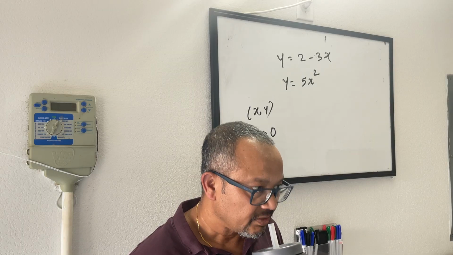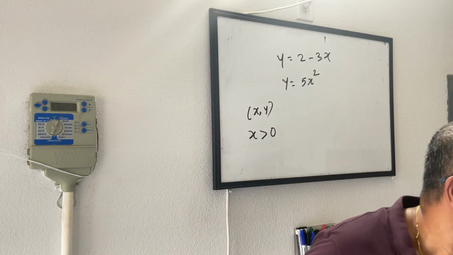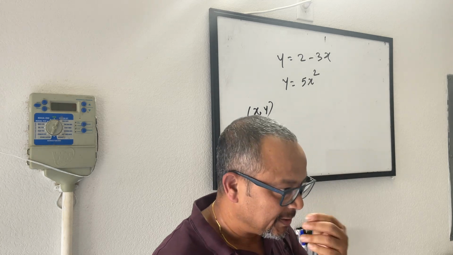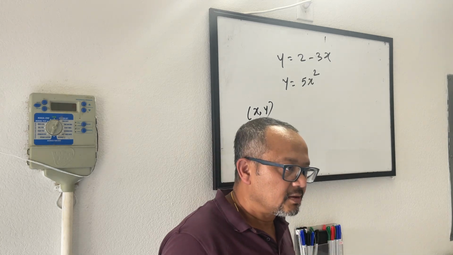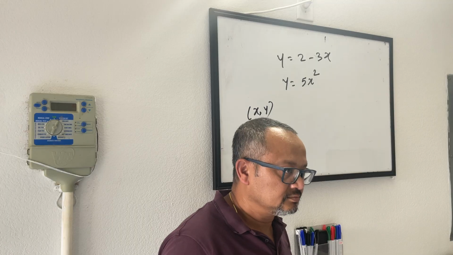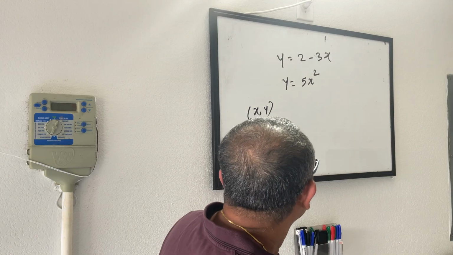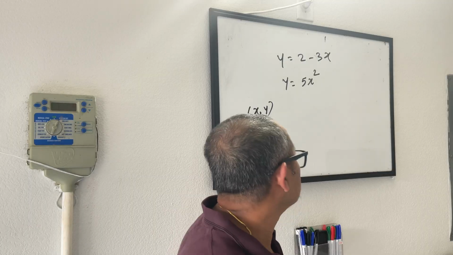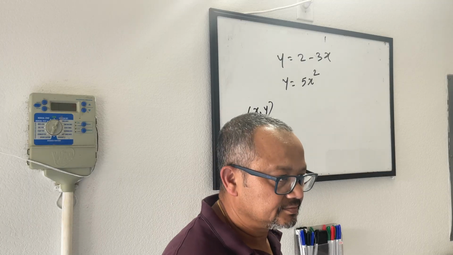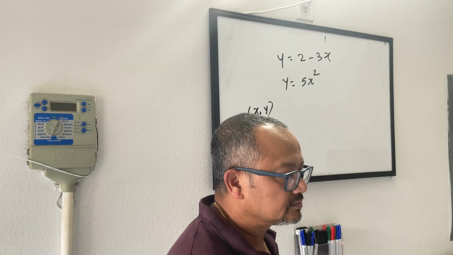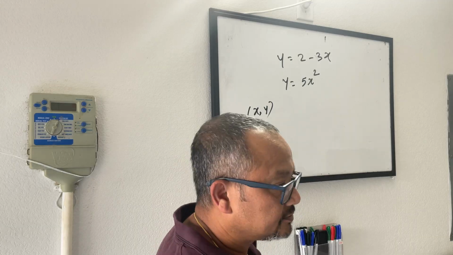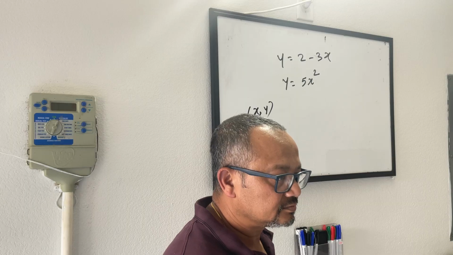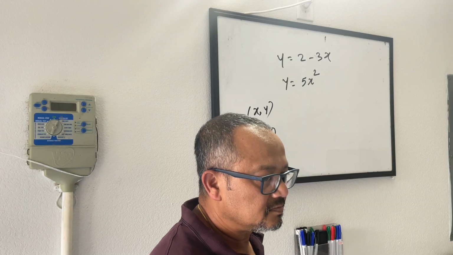Since both of them are y, because y equals 2 minus 3x and y equals 5x squared, they're both equivalent to each other because y equals both of them. So we can say 2 minus 3x is equivalent to 5x squared.